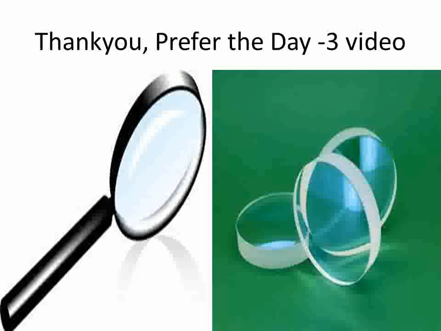Now these are again two lenses. One is convex lens used as a magnifier or simple microscope, on the left hand diagram, and this burns the paper also. If we place the lens in front of the sun, then after converging light, the paper placed at the focus of this lens starts burning.